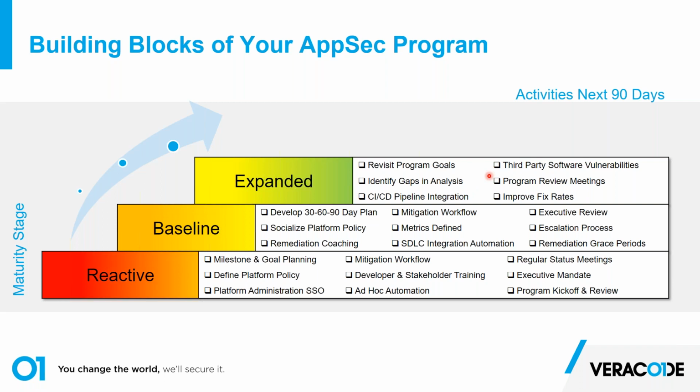Think about the analysis types. You've got static application security testing, dynamic application security testing, software composition analysis, and your third-party components, open source components, and RASP and Greenlight and DevOps scanning.